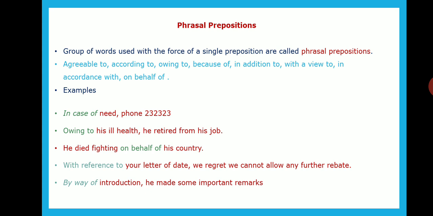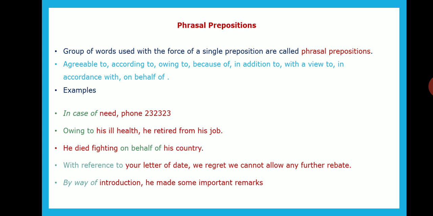Next is phrasal prepositions. Phrasal preposition is very important for you because in your textbook you have a complete exercise based on phrasal prepositions. Phrasal prepositions are groups of words or phrases that work with the force of a single preposition. They act just like a single preposition, but they may not be a single word or two words.